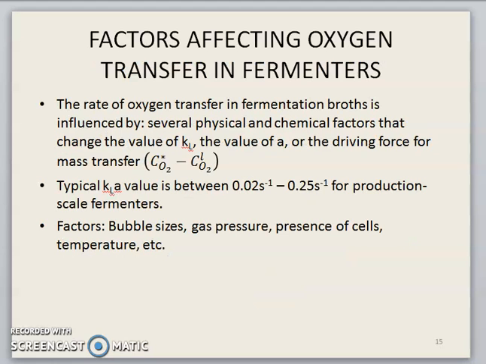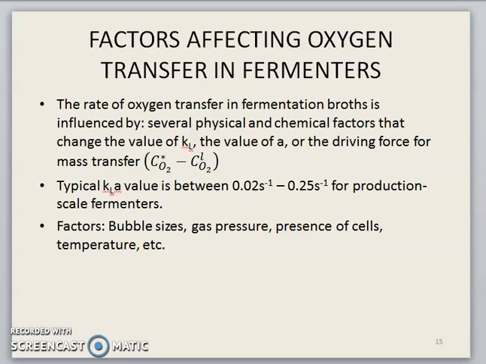Let us see the factors that affect the oxygen transfer in the fermenter. The rate of oxygen transfer in fermentation broth is influenced by physical and chemical factors that will change the K_L value, the a value, or the driving force for the mass transfer, which is C_O2* minus C_O2L. C_O2* is the saturated dissolved oxygen in liquid.